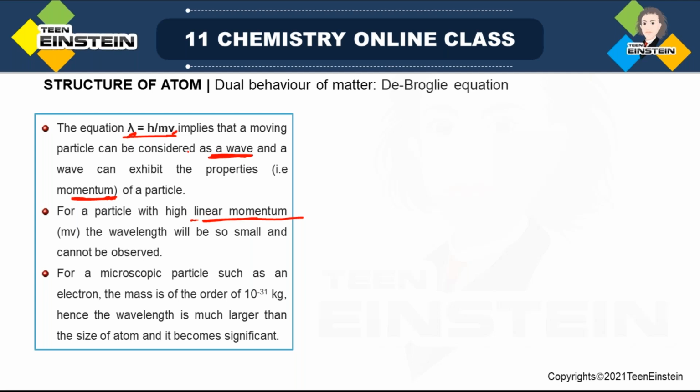That means h by mv, this total quantity, will be very low. Suppose mv is high, then h by mv is low, and it means lambda is also low, and vice versa. When linear momentum mv is very low, then h by mv is high, that means wavelength is also high.